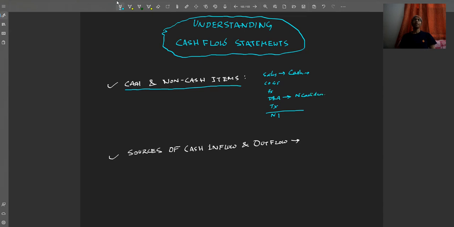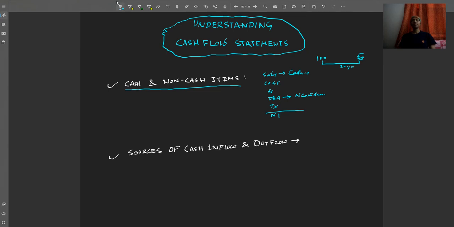Why? Because some investment has been done, say 5 years back or 1 year back or maybe this year. And this investment, let's say it is of 100 million, and the useful life of that asset where it is invested is 20 years. Therefore, every period for these 20 years, each year 5 million will be added in depreciation and amortization.